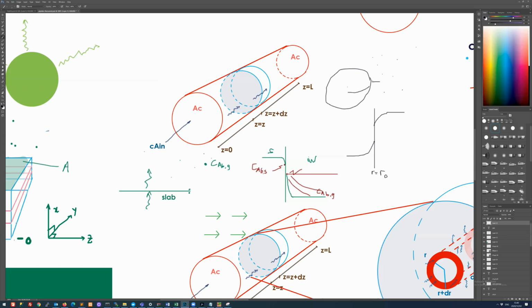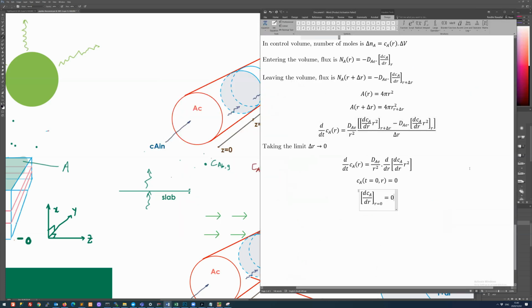Out here also, generally speaking, there's a variation in concentration until you reach the bulk value. So that's what we've drawn here. So there's the other condition. At R equals R naught, we can say that the concentration of A for all time just inside the particle, R equals R0, and I'm going to use a superscript minus to denote just inside the particle, is going to have an equilibrium.